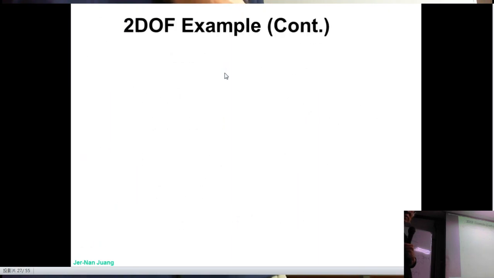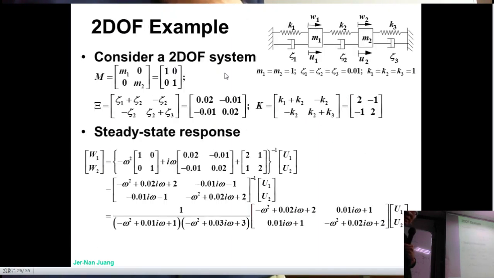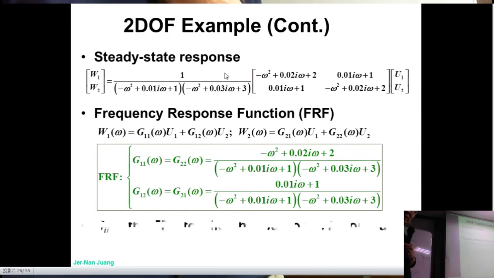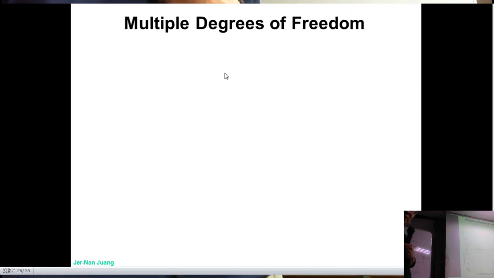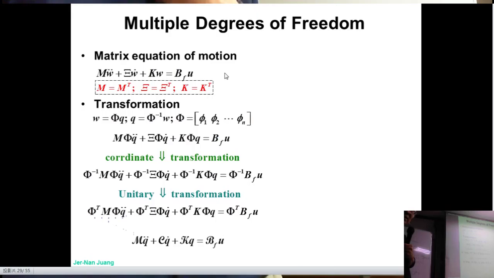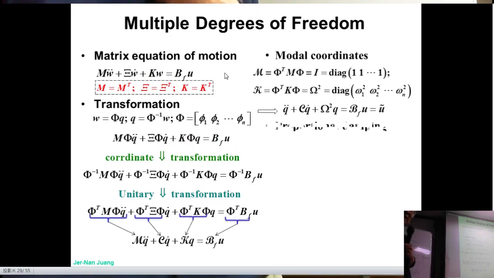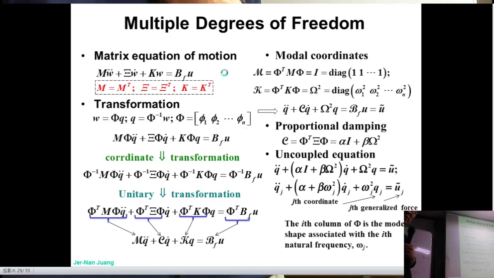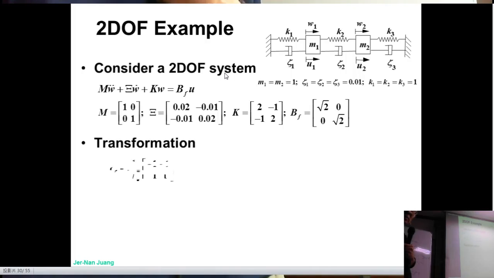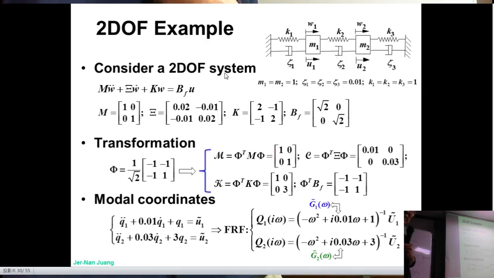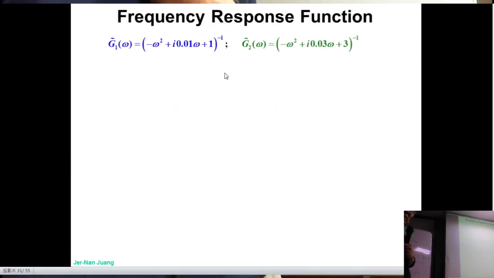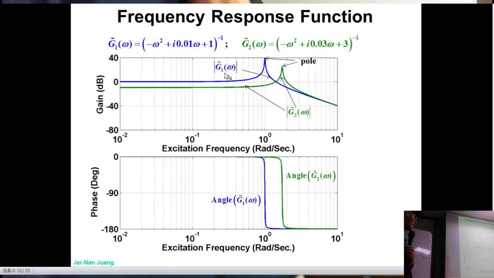Now the message is clear enough, you think? Okay, let's look at this. I think it's good. And you will be impressed by the next plot. Okay, because that's the plot. Look at the plot. That's the two plots, two single degree of freedom plots.